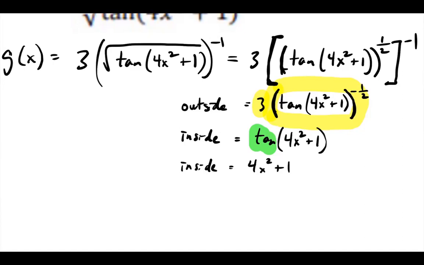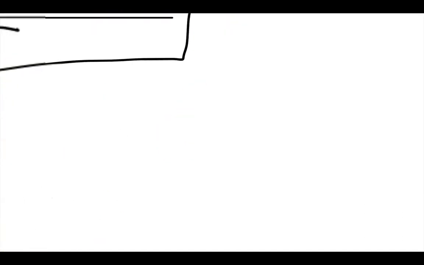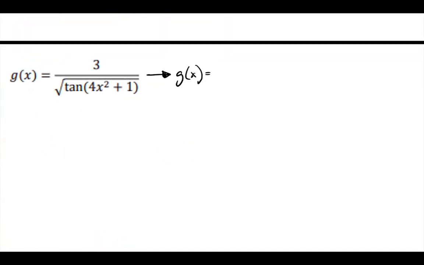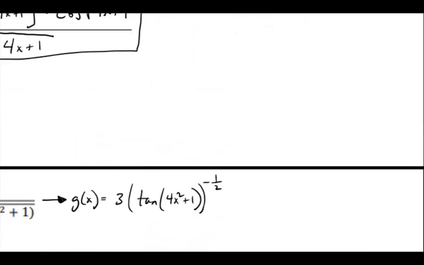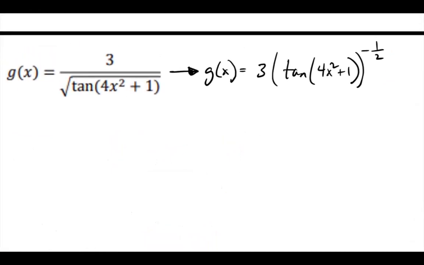Oh, here we go. 3 tangent of 4x squared plus 1, all to the -1/2. That's what I wrote it as earlier.